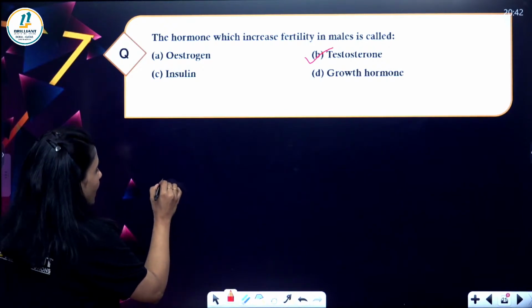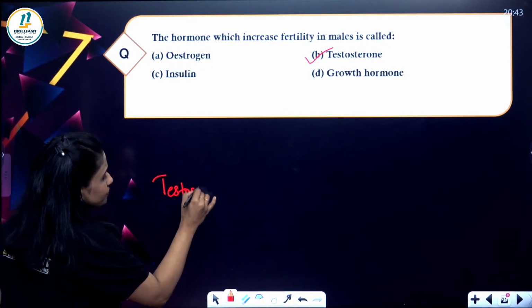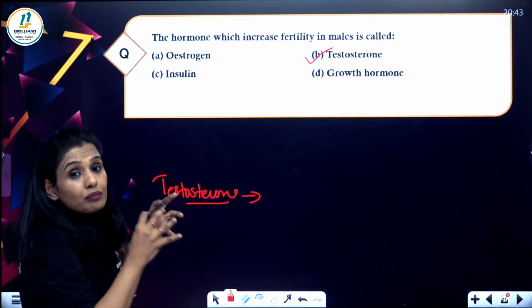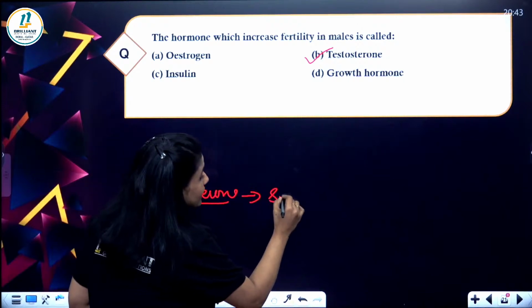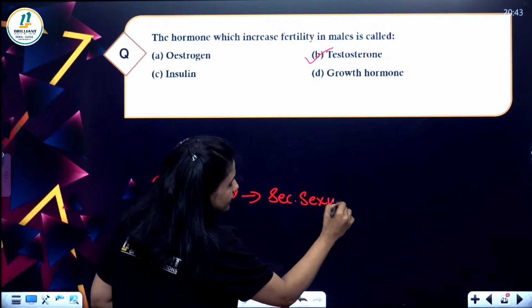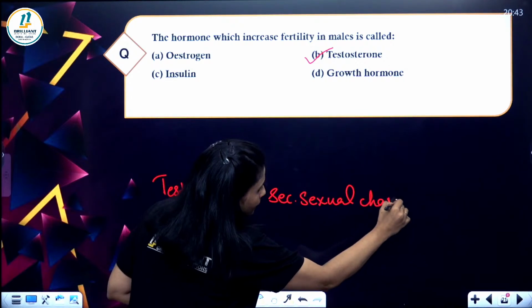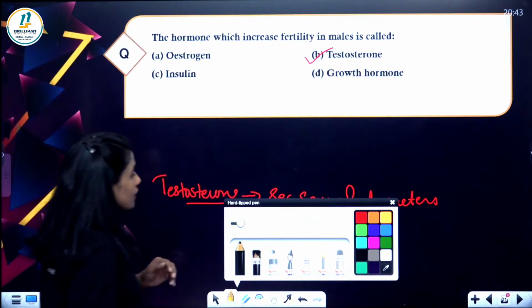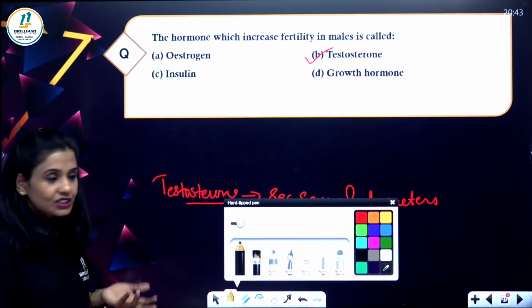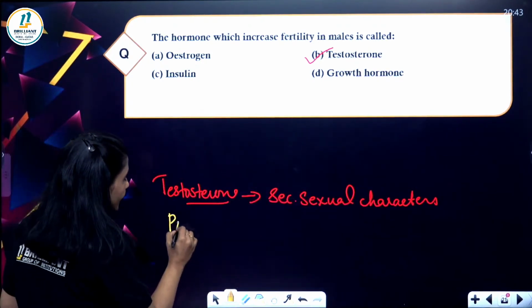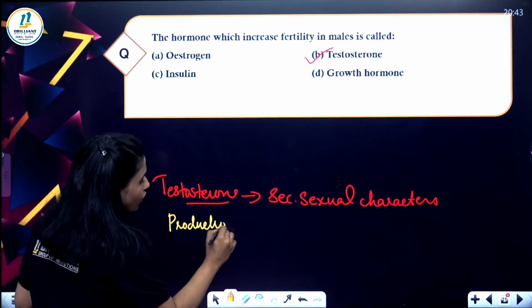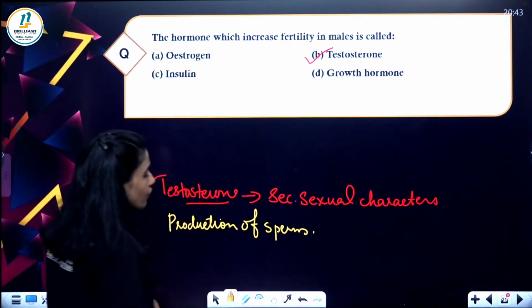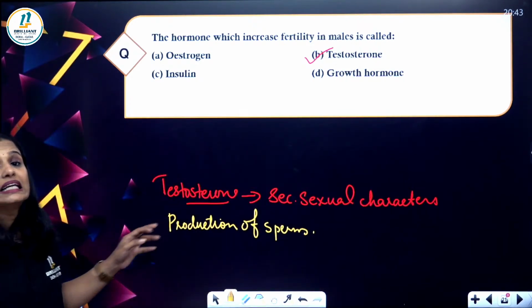Testosterone helps to develop the secondary sexual characters and also the production of sperm in testes.